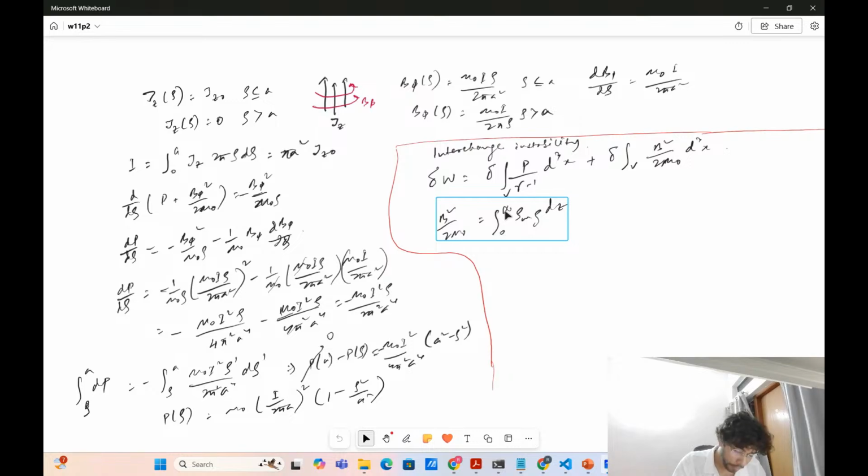And the change in that potential energy is given as delta z d3x. Since the delta z is negative, this whole term, this delta W, is negative. That means the energy of the system decreases after the interchange, which leads to a more stable configuration, and therefore this becomes unstable.